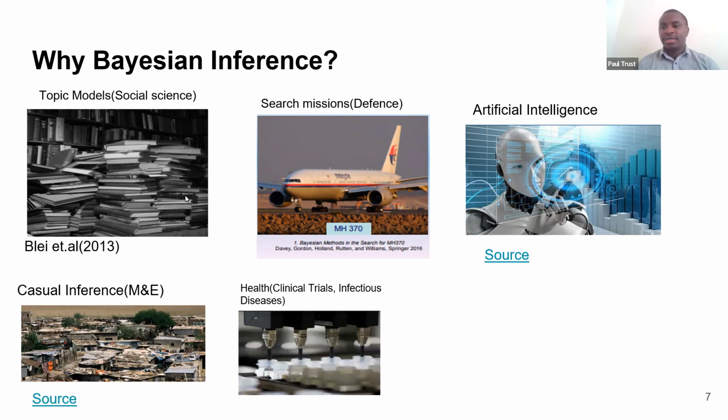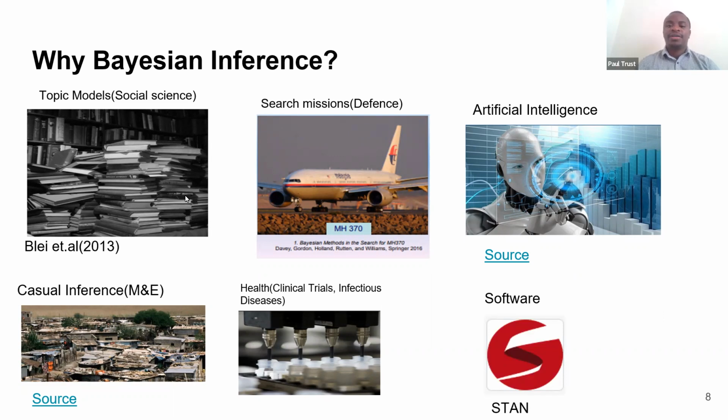Clinical trials normally use Bayesian methods rather than the traditional statistical inference of frequentists, as we shall see, because Bayesian inference does not only give point estimates. For example, it will also give the uncertainty around point estimates, as we shall see more in this lecture. There are various software packages that you can use. There is Stan, there is Python, there are a lot of them, as we shall see as the course goes on.